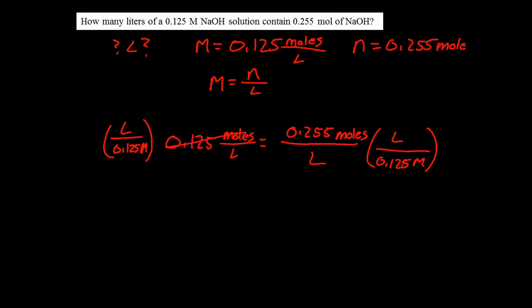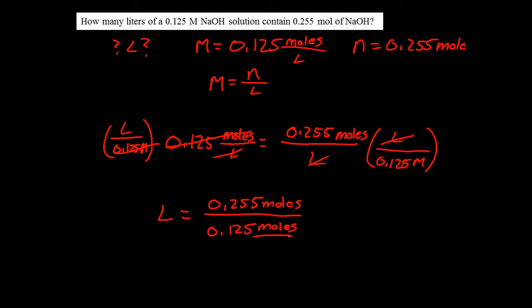That's going to make this whole thing go away, and the liters over here go away, and we'll be left with the number of liters is equal to 0.255 moles divided by 0.125 moles per liter.